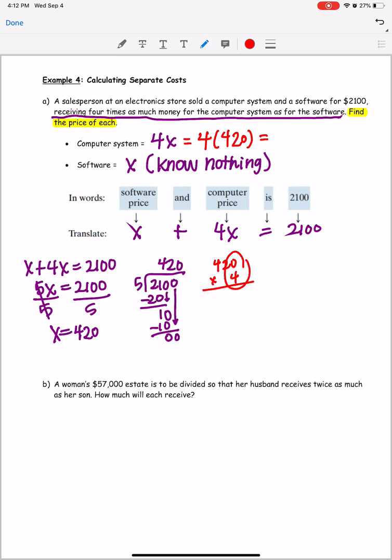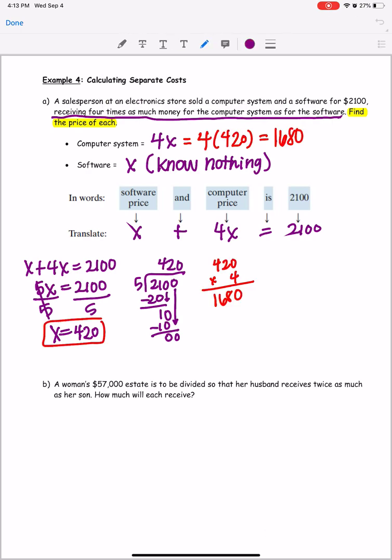Zero times 4 is 0. 2 times 4 is 8. 4 times 4 is 16. And then my software is X, and my X equals 420.